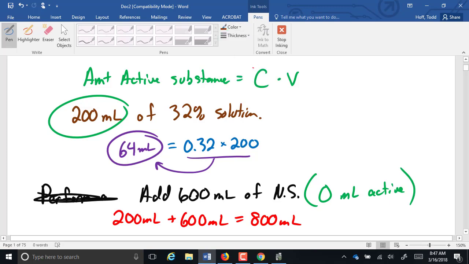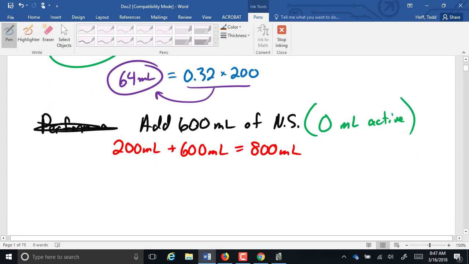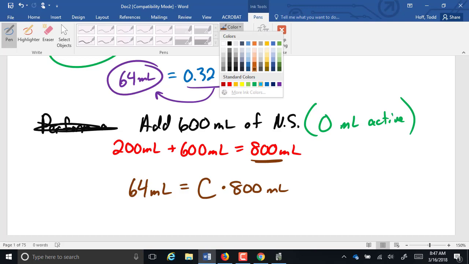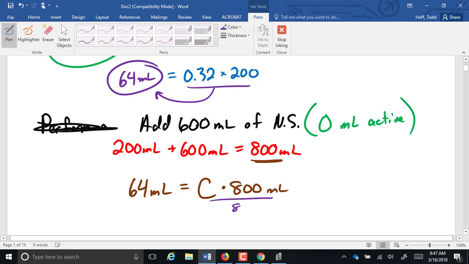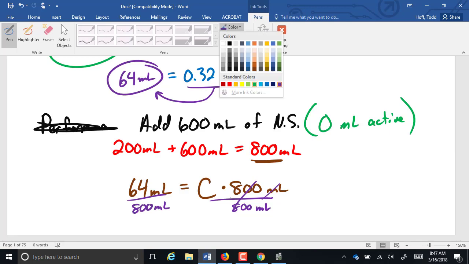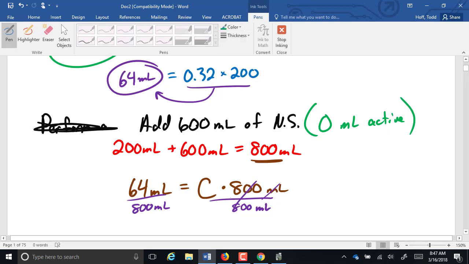What is that final concentration? Well, it's the active substance. It's still 64 milliliters, which equals our new concentration times our new volume, which is the 800 milliliters. So to solve for the concentration, we divide by 800. We had the 200 milliliters of 32%, which was the 64.